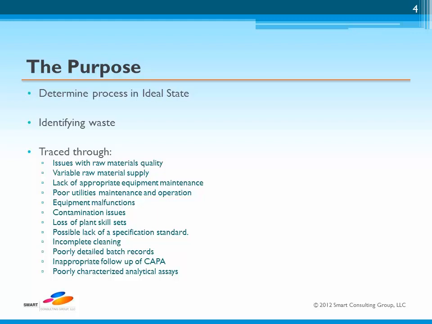Similarly, poor utilities maintenance and operation, such as water for injection and clean steam, may be hampered by frequent bioburden stability issues. Equipment malfunctions, such as incomplete autoclave cycles, bioreactor failures, and valve malfunctions, can also contribute to lack of efficiency and productivity.